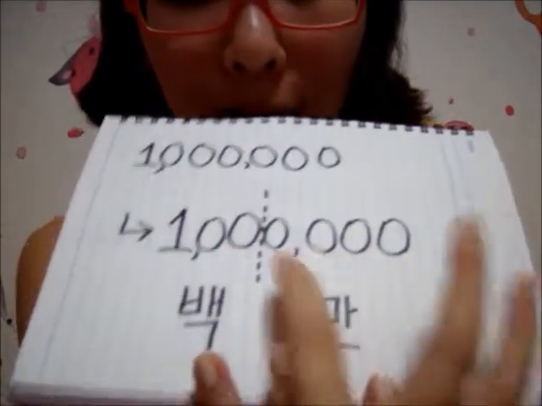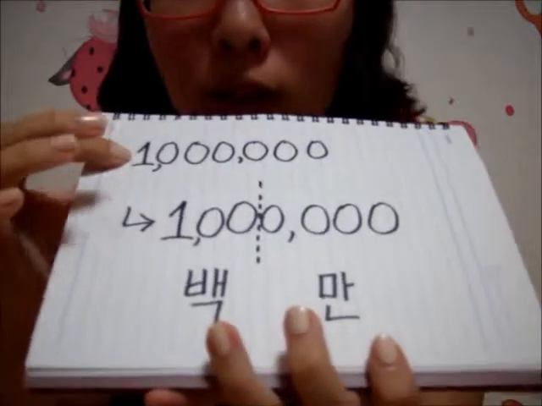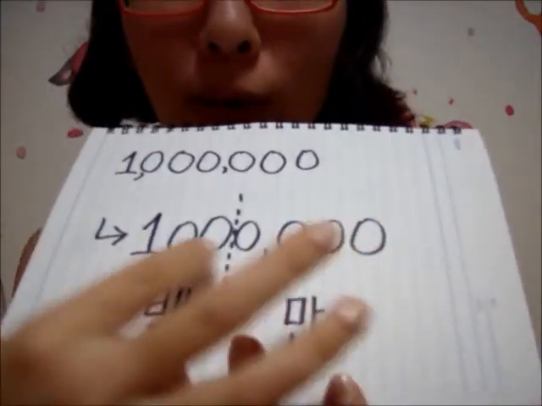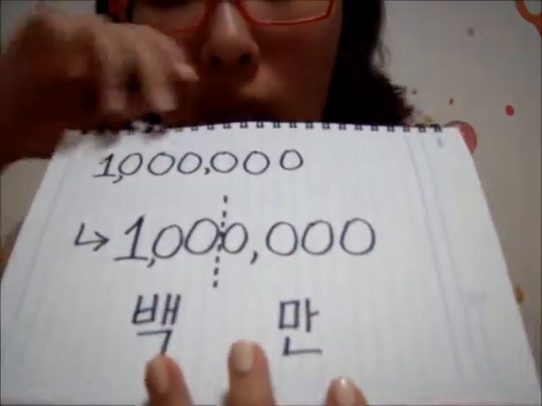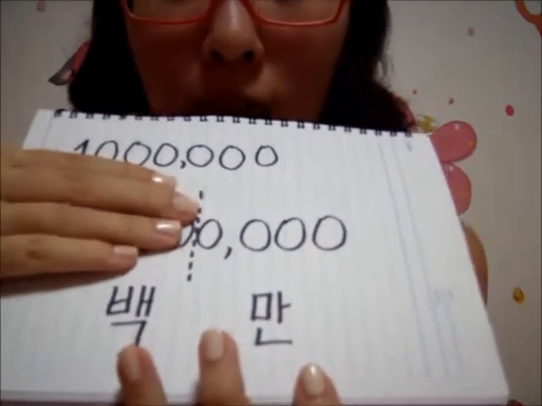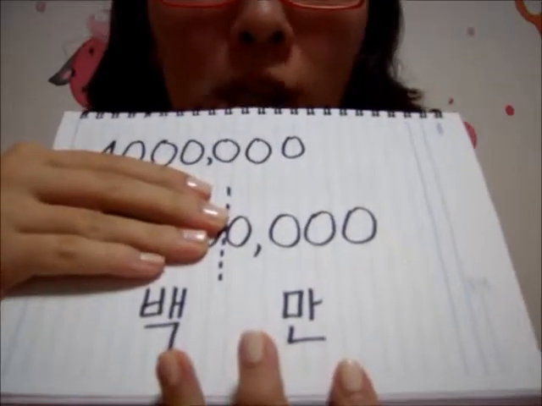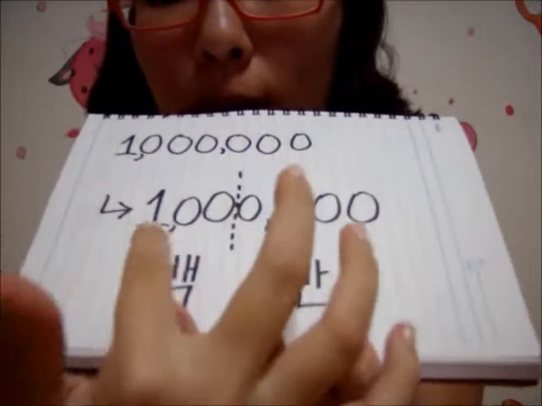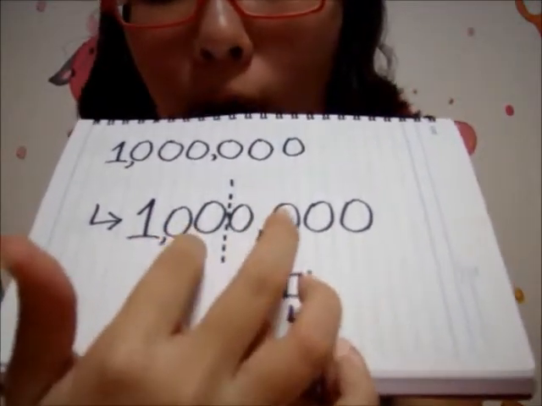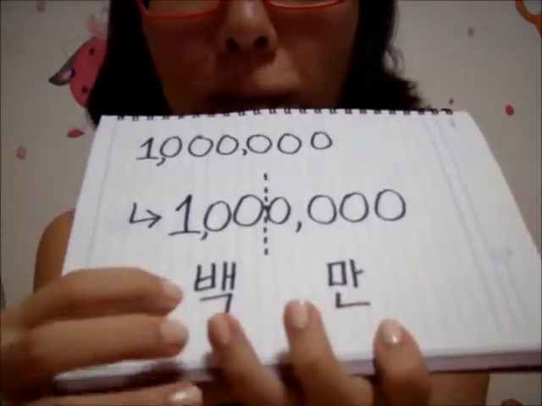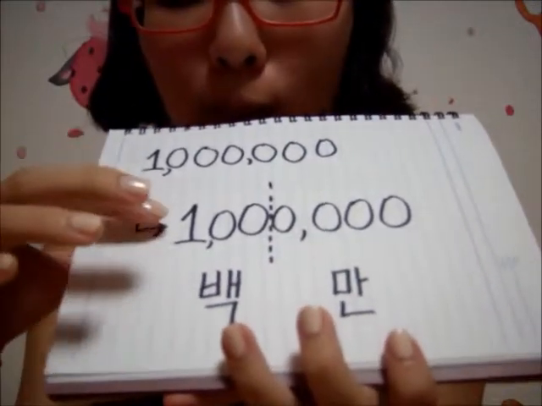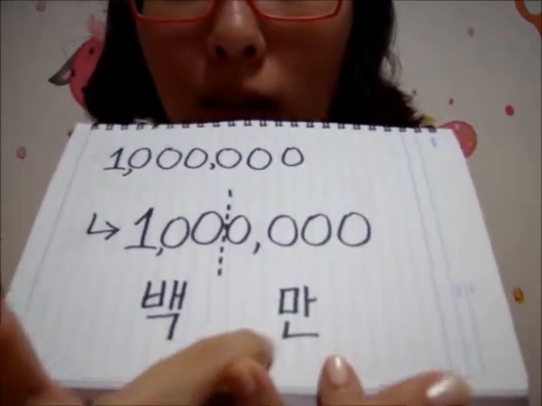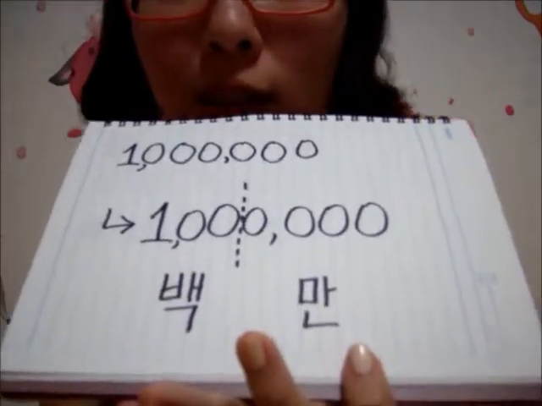You count things by 4 zeros, so it's written the same, but you would cut the word off at 4 zeros. After these 4 zeros is 10,000, and the word for 10,000 is 만. Before that you have 100, which is 백. So this number would be read 백만, because it's 100 times 10,000.